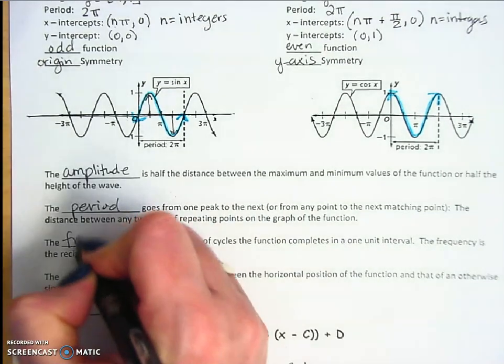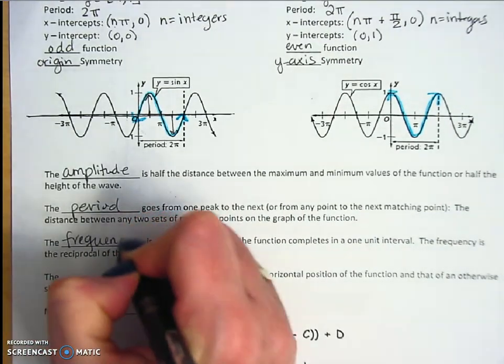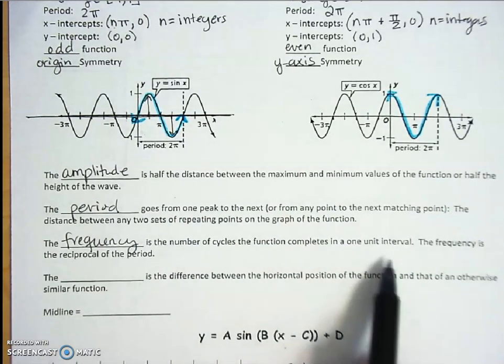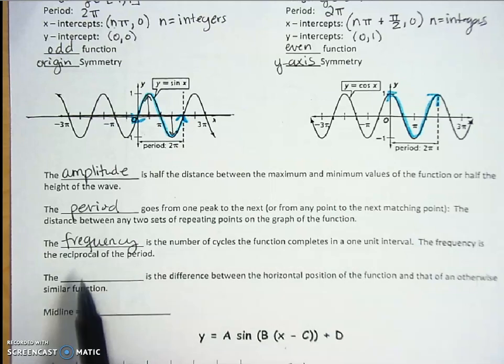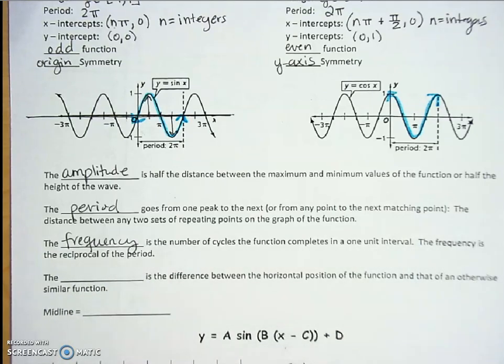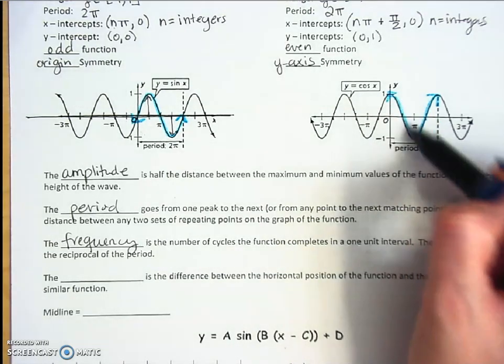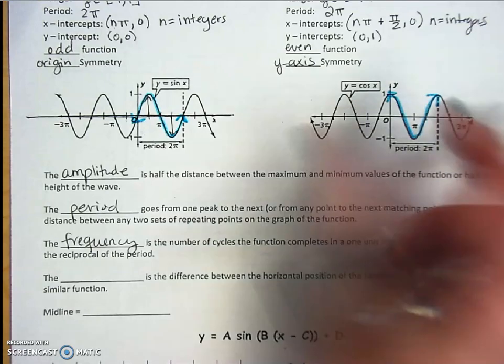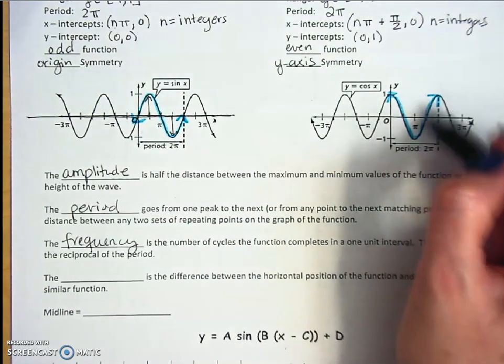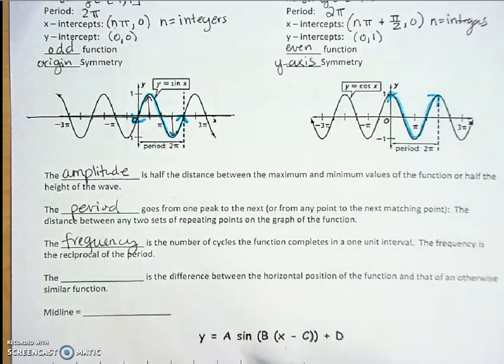The frequency is the number of cycles the function completes in a 1 unit interval. The frequency is also the reciprocal of the period, and this is something we'll talk more about in a later lesson. So from 0 to 2 pi, the cycle repeats 1 time. If this graph was compressed and the cycle repeated twice in that same section, then that would change the frequency.